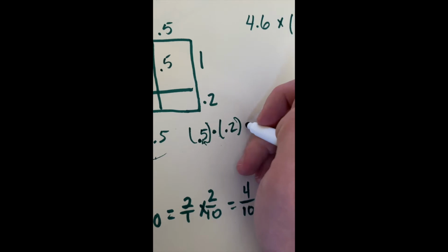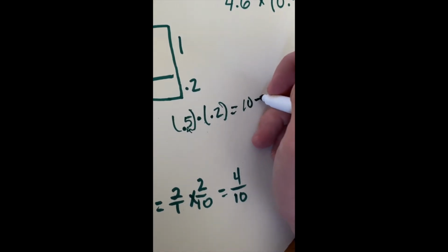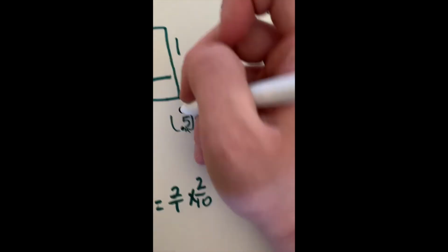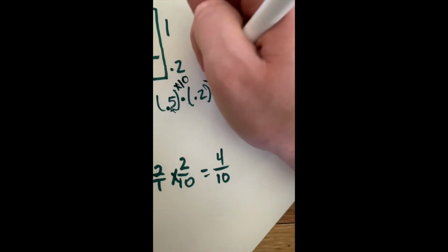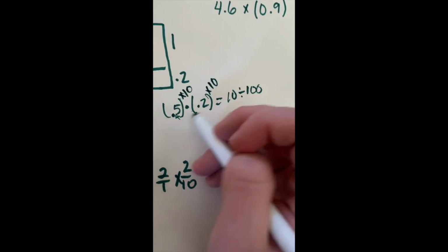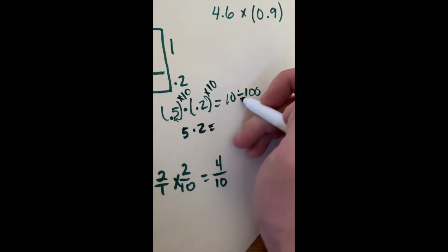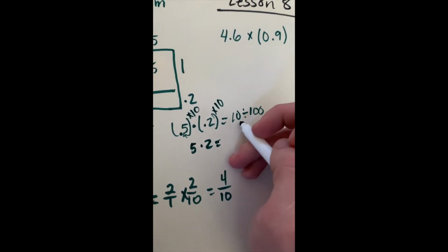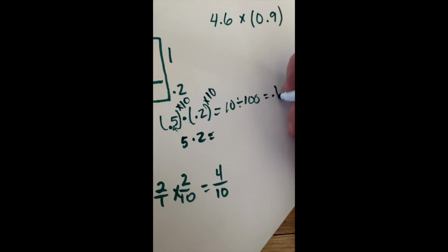So 5 times 2 would be 10. However, then we're going to have to divide out 100 because we just multiplied both of these by 10. And I apologize that my camera action's not good. So if we multiply both these by 10, that'll make them into whole numbers of 5 times 2, which is 10. So then to get back down to our decimal, we need to divide the 10 by 100, which then gives us an answer of 0.1.